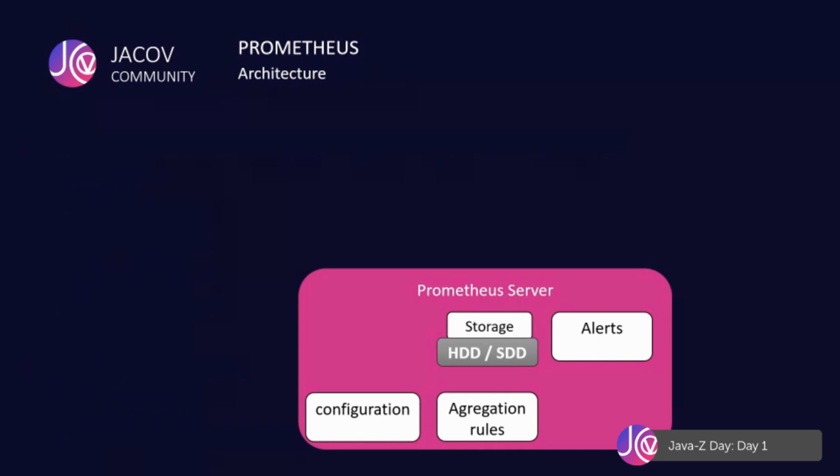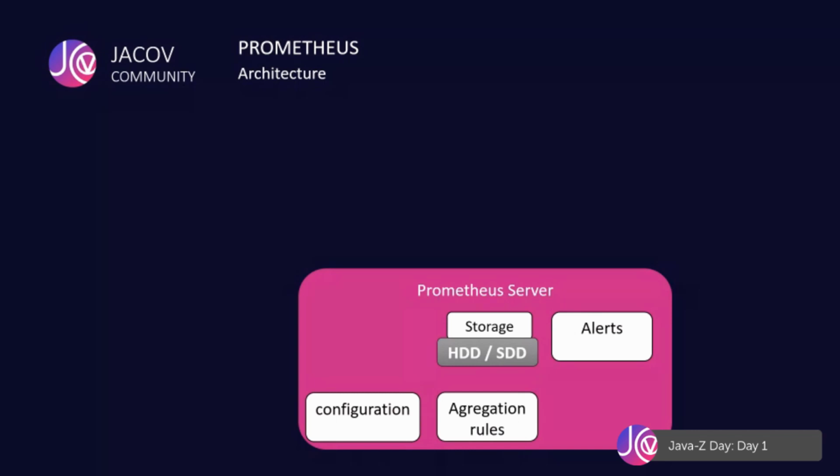Let's review the simplified architecture of Prometheus and some of its ecosystem components. Prometheus Server is the heart of our monitoring system. The data are stored in a local time series database, but it is possible to integrate with remote storage systems.